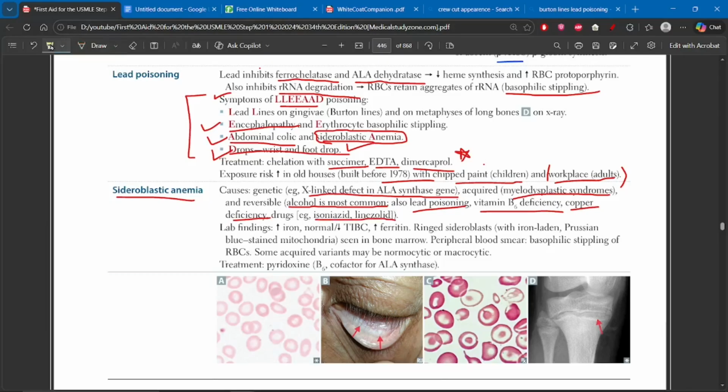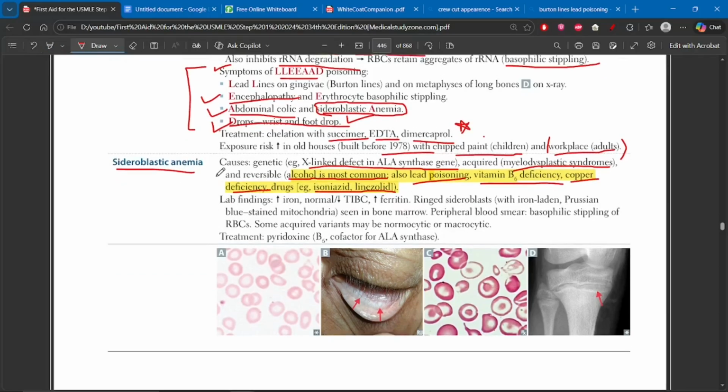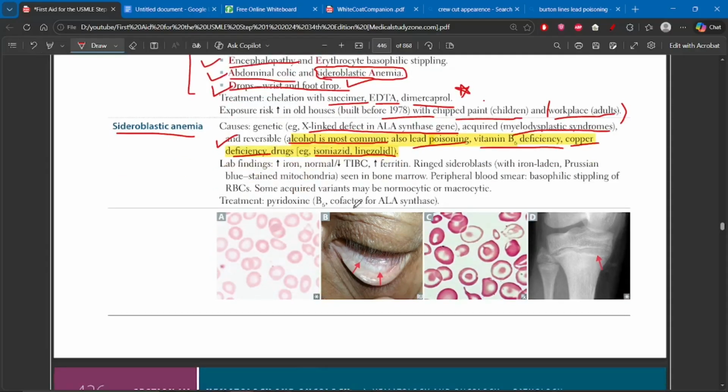So I would suggest that you keep in mind all of these reversible causes. These are quite important. So alcohol, lead poisoning, vitamin B6 deficiency, copper deficiency, isoniazid, linezolid, all of these are quite important. You have to keep this in mind.